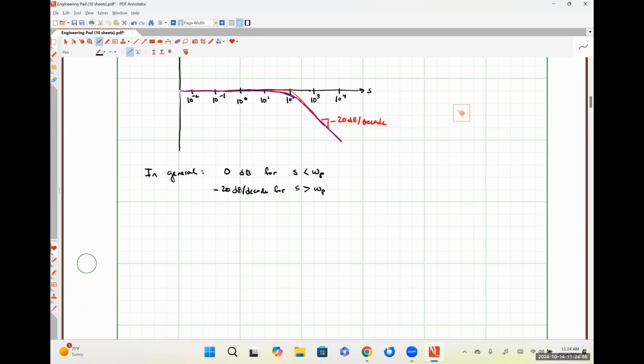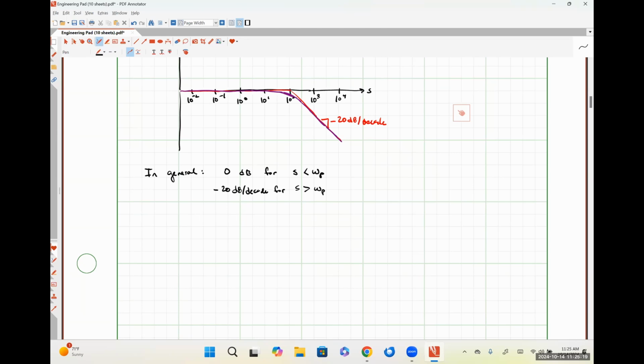If we were trying to construct a Bode plot or frequency response curve by hand, these are the rules, okay? So we're 0 decibels up until we hit our pole frequency, and then we are decreasing at a slope of negative 20 dB per decade for anywhere beyond our pole frequency.